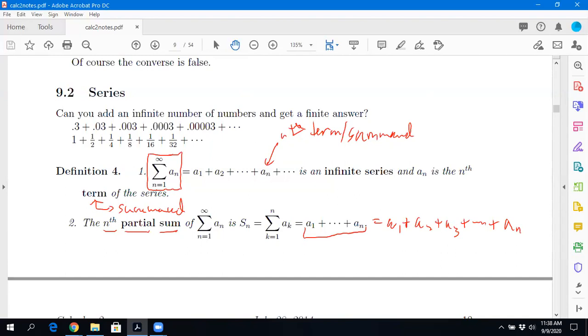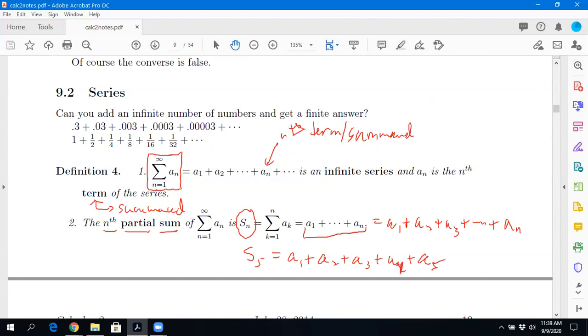So I use this notation right here, s sub n. What would s sub 5 be? What would that mean? That would be the fifth partial sum. What am I talking about if I say s sub 5? a1 plus a2 plus a3 plus a4 plus a5.